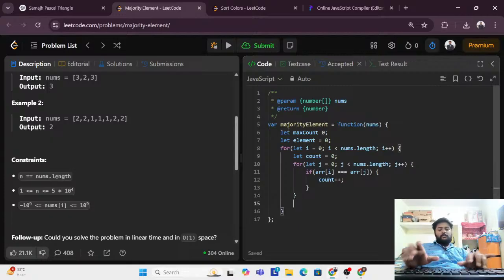And after each loop I'll say maxCount equals Math.max of count and maxCount.